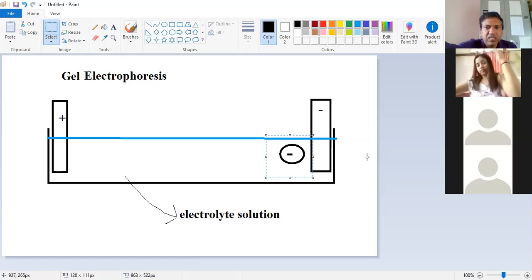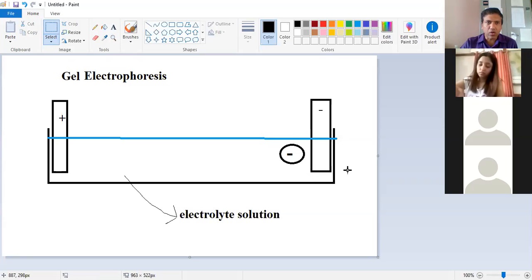So DNA or proteins we have to place towards the cathode. When we switch on the electrophoresis, this molecule will move in this direction, towards the anode.